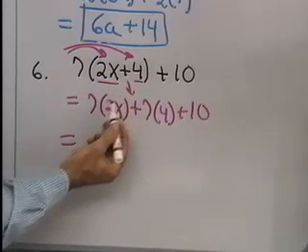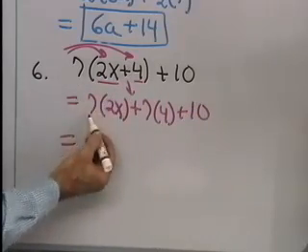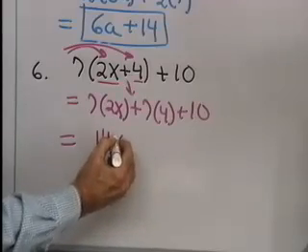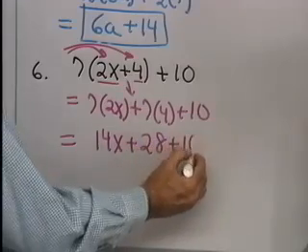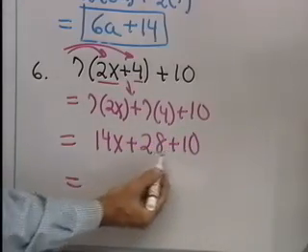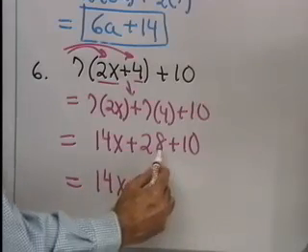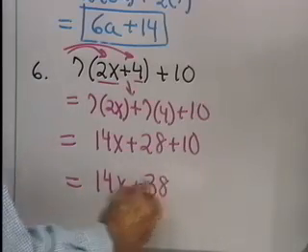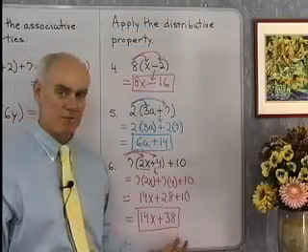So notice I just do the distributive property over those two terms. 7 times 2x by the associative property is 14x. 7 times 4 is 28 plus 10. And now 28 and 10, I can add those two together. I get 14x plus 28 plus 10 is 38. So kind of a complicated expression, and it simplifies down to 14x plus 38.